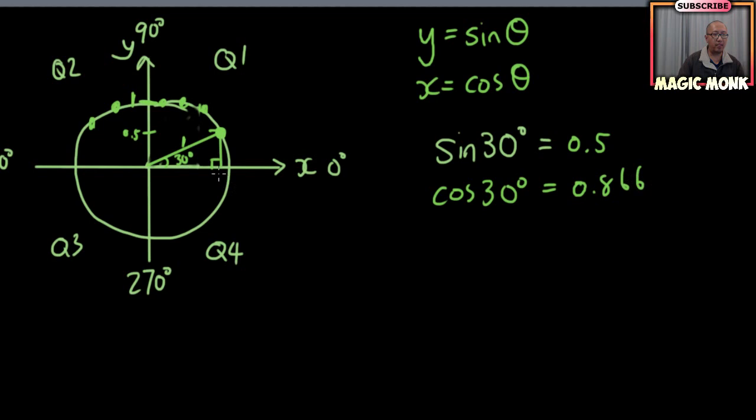So that would be the x value of this point. So this point will have the coordinates of 0.866 and 0.5.